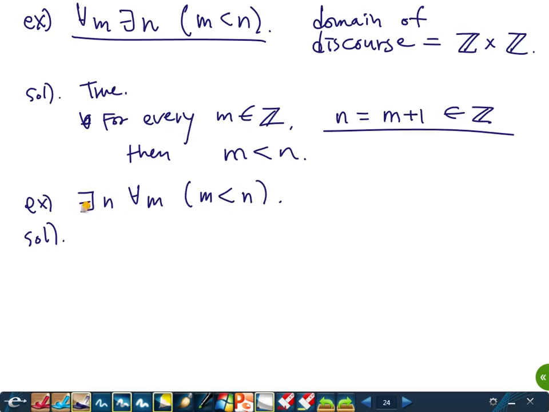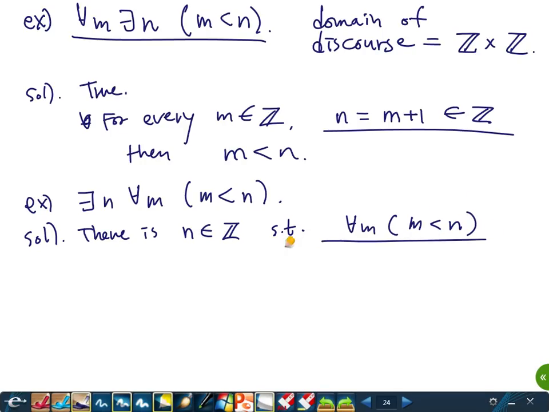There exists n. So this means there exists n satisfying this condition. Is there an integer n, if I write this in detail, at least one n, such that for all m, this holds?